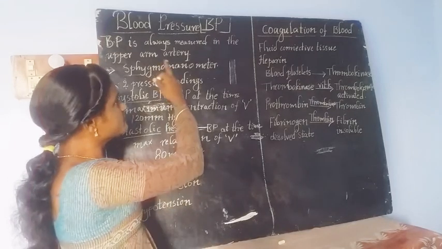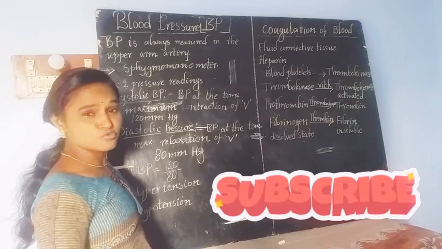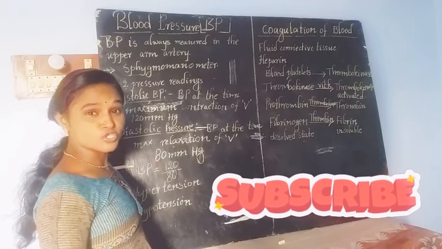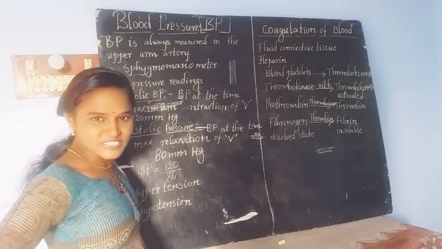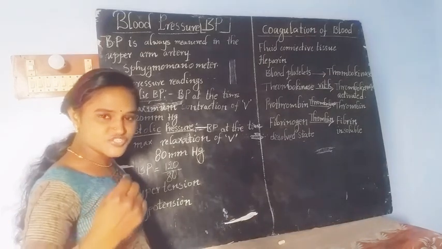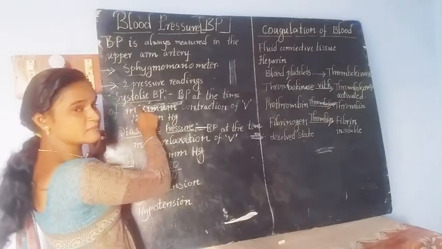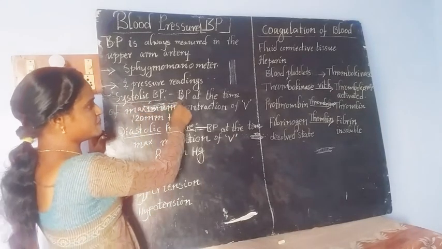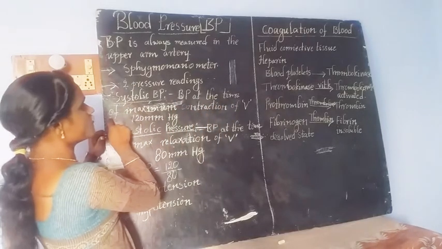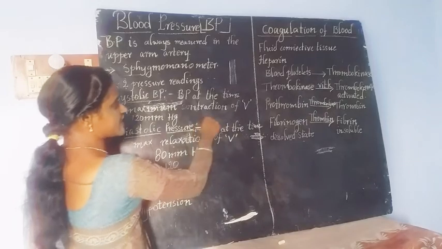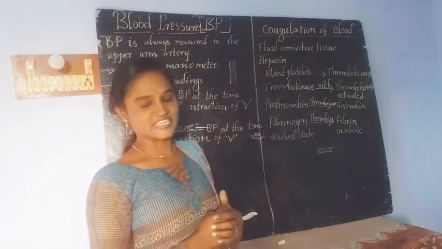Here you need to understand that the pressure created by the blood on the walls of the blood vessels is called BP, and it contains two readings. One is systolic blood pressure, which is the blood pressure at the time of maximum contraction of ventricles.